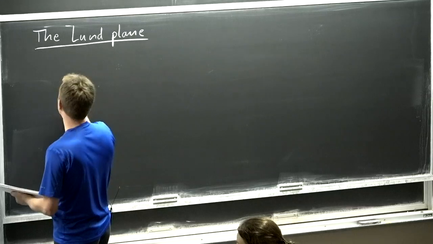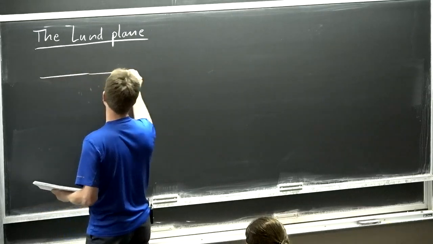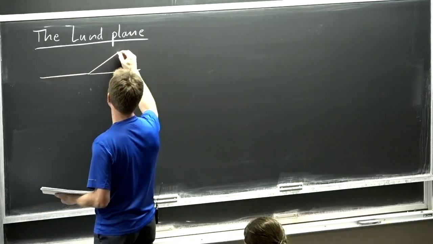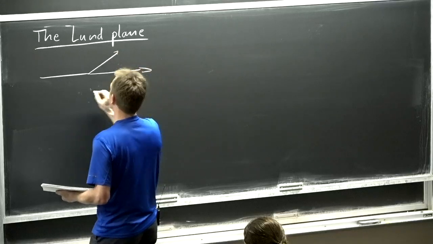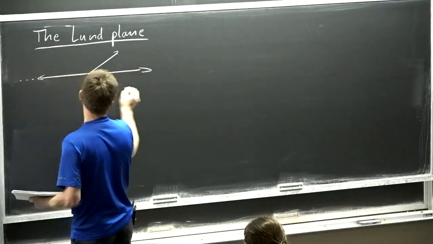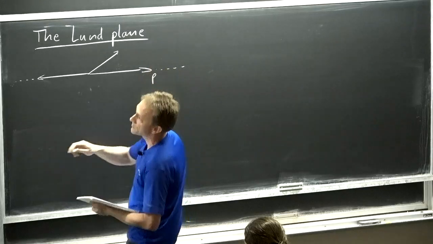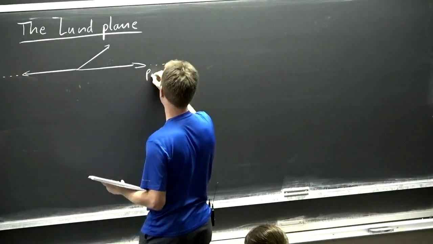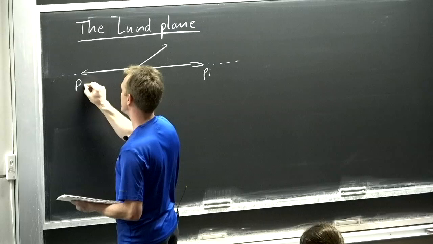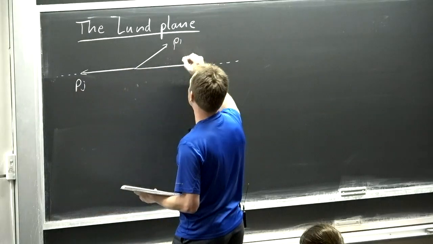Okay, so in order to introduce the Lund plane, let me go back to the picture of yesterday, where I said I choose a coordinate frame where my initial charges, and now I'm using the language from here, so I call this Pi. Sorry for the change in notation. And I call this P1 again.